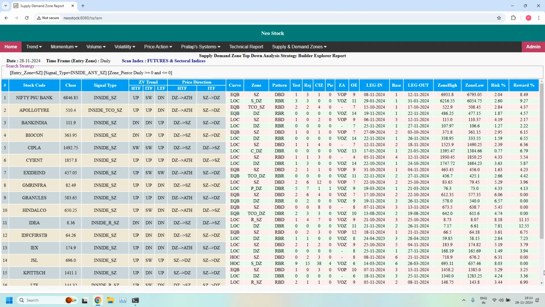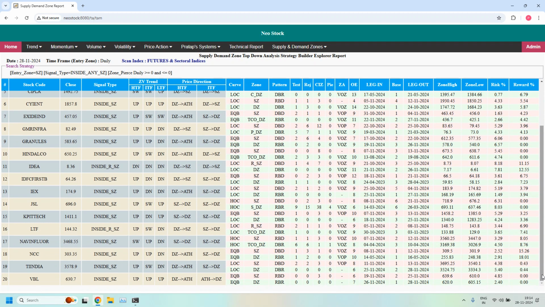I'm scrolling the list down. So total 20 stocks are filtered. Currently price closed in these 20 daily supply zones. So out of these 20, how many of these daily supply zones are having daily EMA confluence? Let's verify.